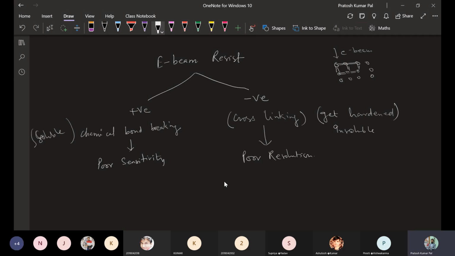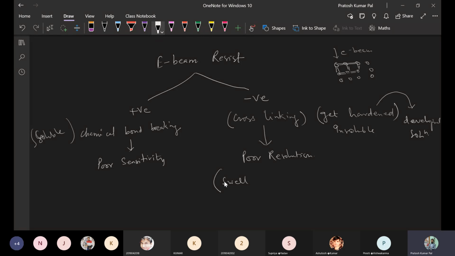The reason it provides poor resolution is this: when this negative type of resist is exposed to the e-beam, it becomes hardened, and once it is hardened, it is put into the development solution. Once it is put into the development solution, it will swell. So swelling takes place in the hardened part of the resist.